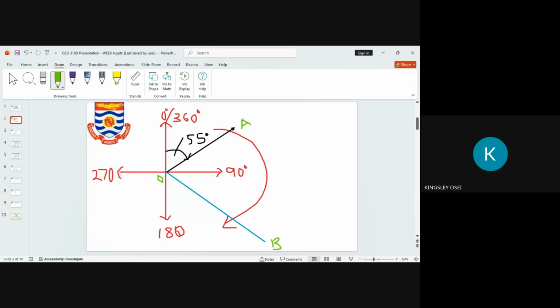We are still talking about what? Whole circle bearing. Another name for the whole circle bearing is called azimuth.